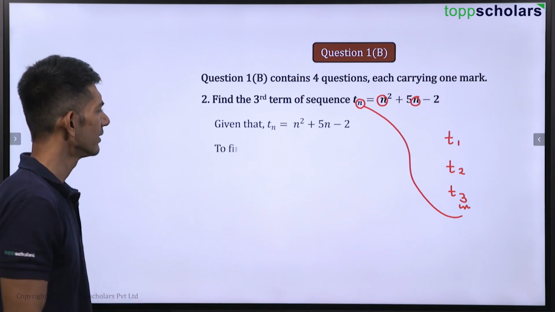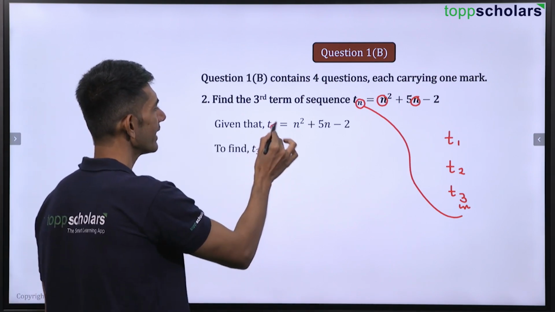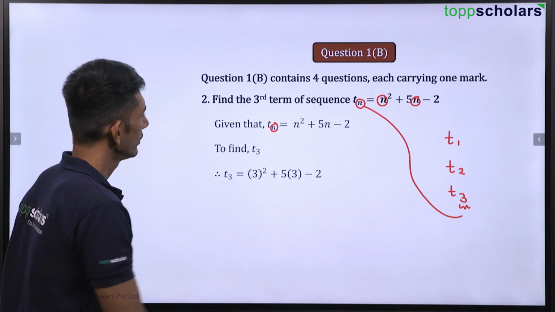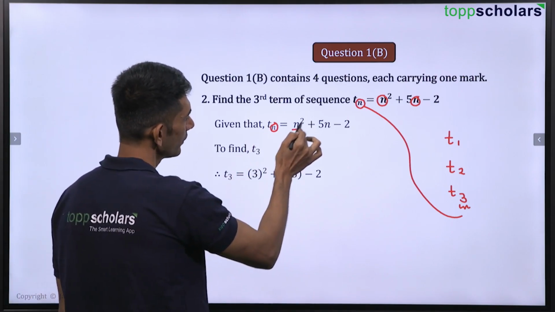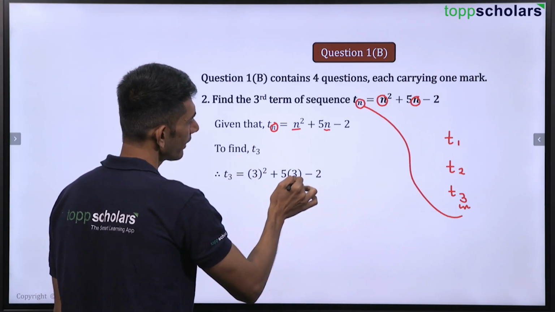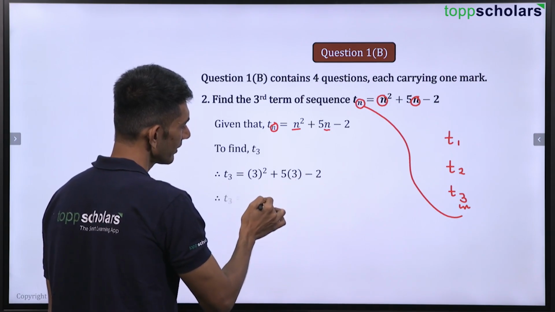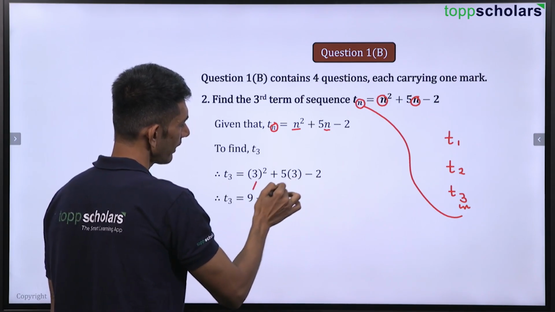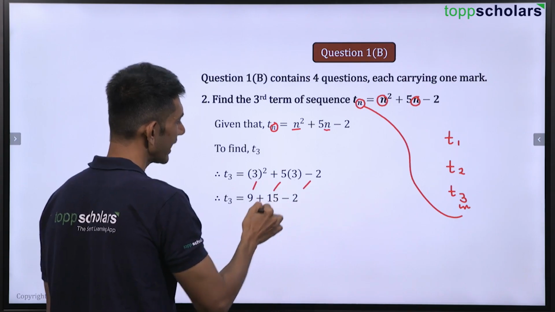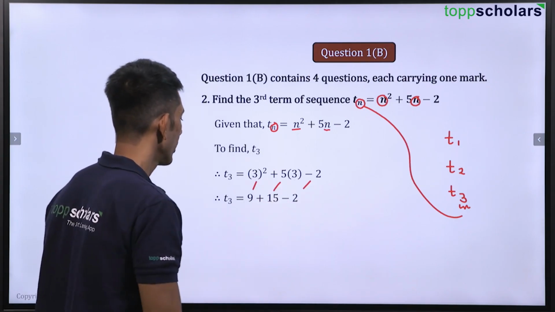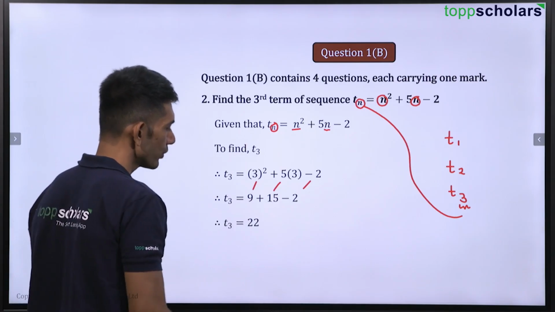Let us do that. So to find T3, put n as 3. So T3 will be equal to 3 square plus 5 into 3 minus 2, 3 square is 9, 5 into 3 is 15 minus 2, 9 plus 15 is 24, 24 minus 2 is 22.